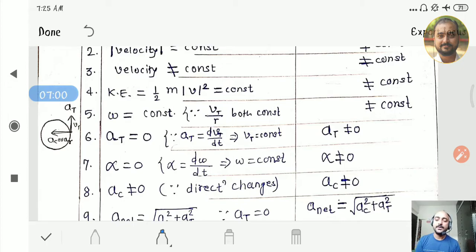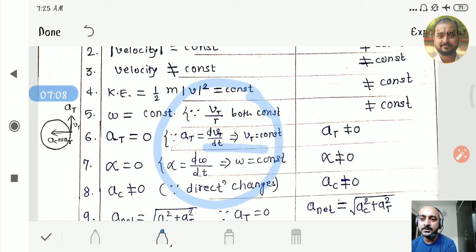Then next, what about the centripetal acceleration? Suppose this is the particle and this is your position vector. The acceleration of the particle which is directed towards the center, remember this direction I am indicating here, is called centripetal acceleration.